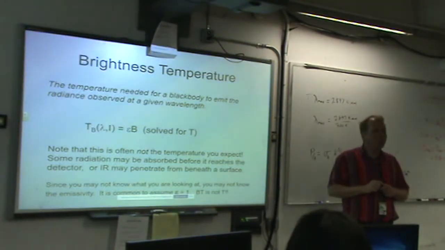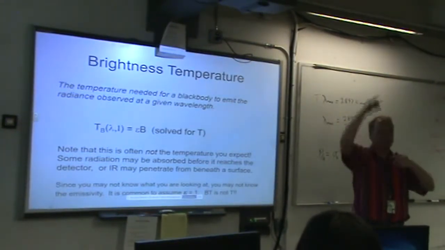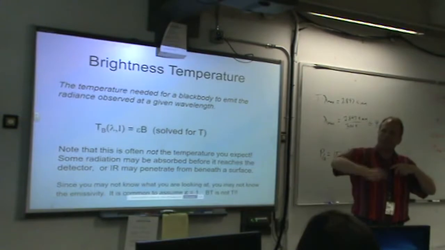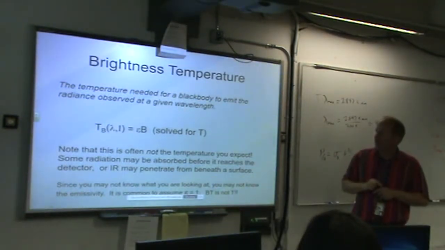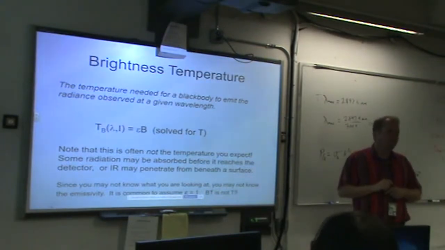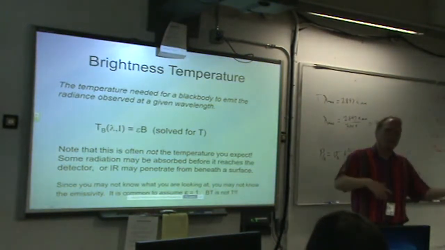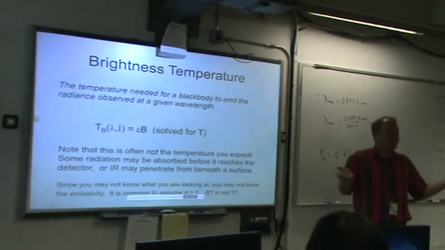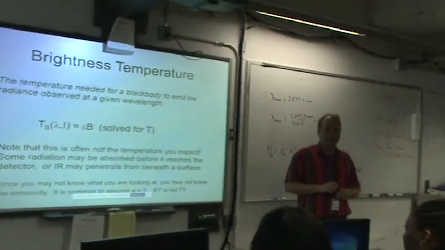However, you have to remember, maybe some of this is being absorbed by the air. If you're out on a satellite, some of this radiance may be absorbed, so you may not get the right temperature. You may not know the emissivity of this object. You may be assuming an emissivity of 1, but really it's 0.92 or something like that. All of these assumptions will change the temperature that you calculate.